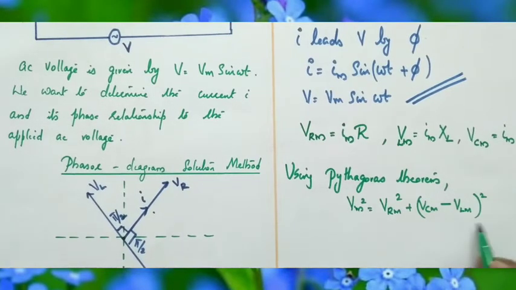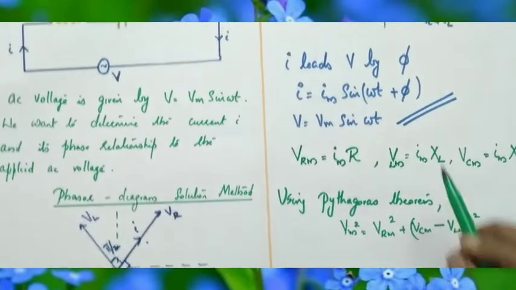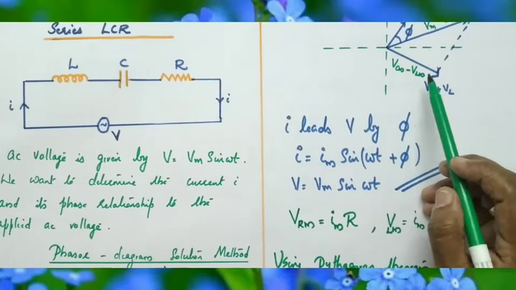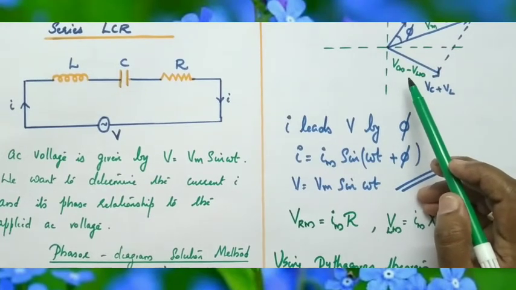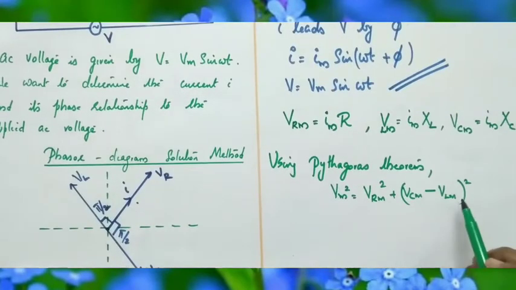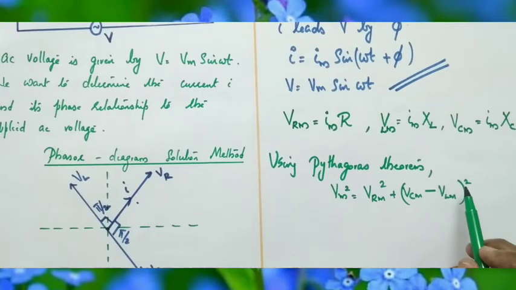Clear? Since VCm is greater than VLm, we can write VCm minus VLm. If VLm is greater than VCm, we can take VLm minus VCm. No problem, since it is squared, even if you write VLm minus VCm, the answer will be correct. Here we are taking the square, no?